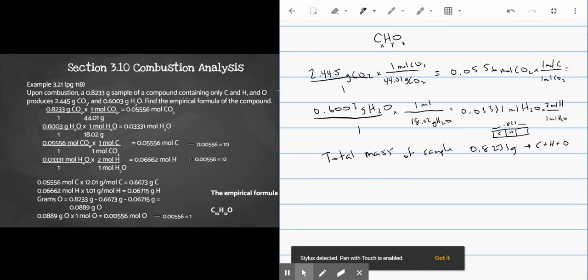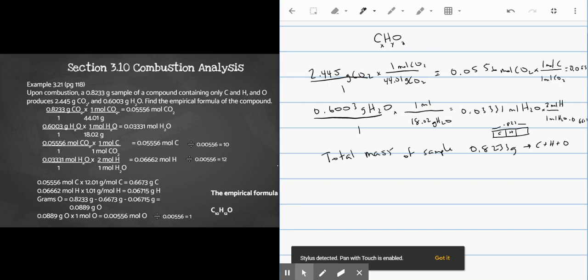So this is just our same answer, 0.055, and there's a 6 down there. And this is going to be double that, so it's 0.06662. Okay, you guys get the idea here. It's over here as well, if you're getting confused. Okay, so I have the moles of carbon and hydrogen.